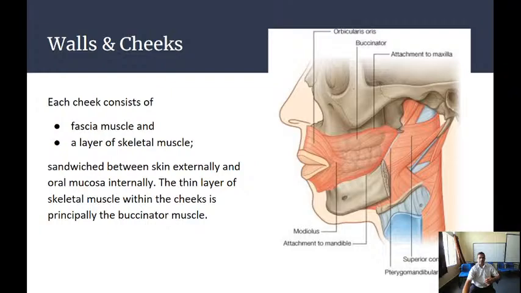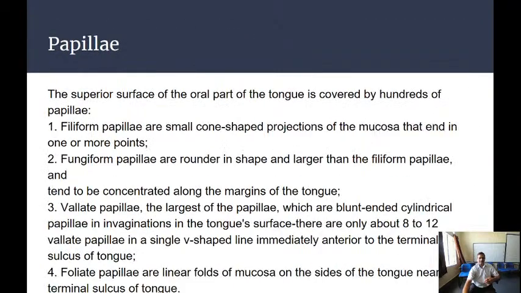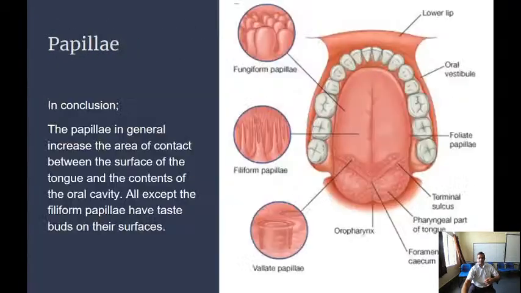Let me show you another diagram here. So this is the oral vestibule between the teeth, the alveolar margin and the cheek, and whatever is inside the alveolar margin, upper and lower, is the oral cavity proper.